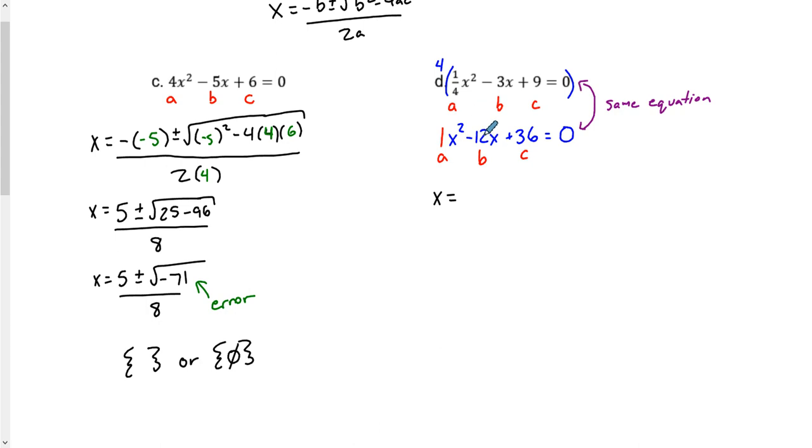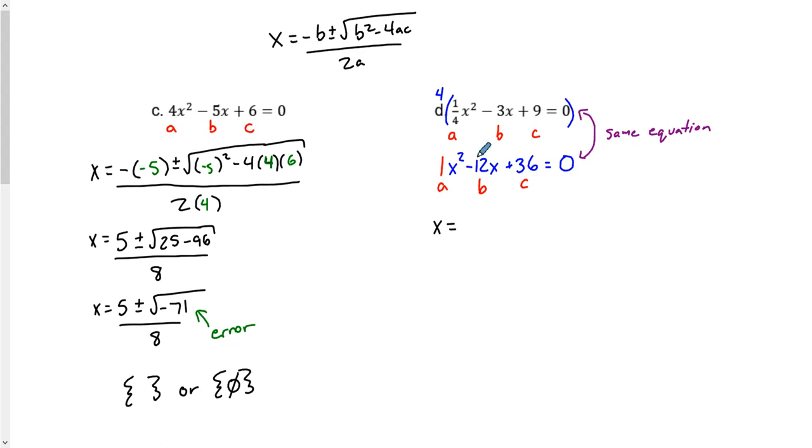Now I'll do one thing. We can do this one skip. Negative b. Well, since the b value is negative 12, the negative of negative 12 is positive 12. So by adding and subtracting our b, which is still negative 12 squared, minus 4 multiplied by our a, multiplied by our c.